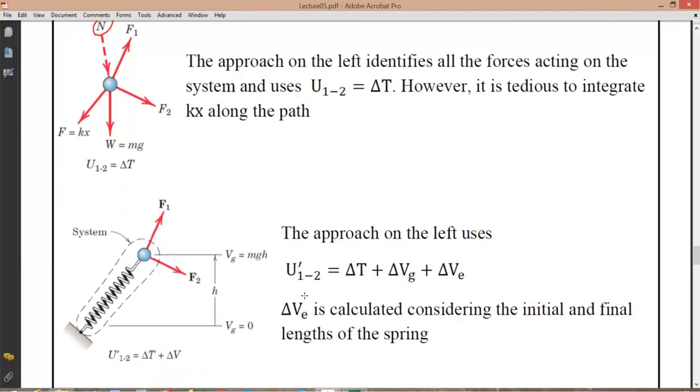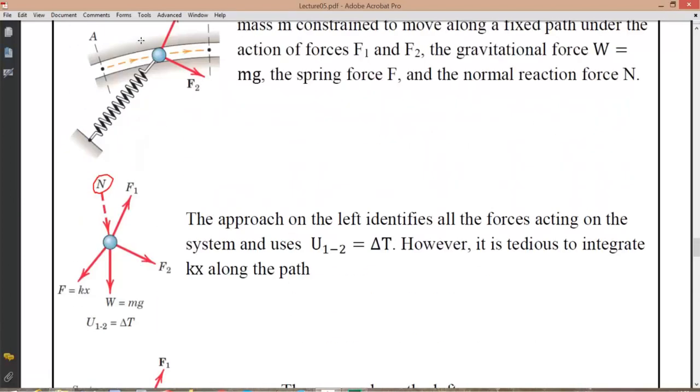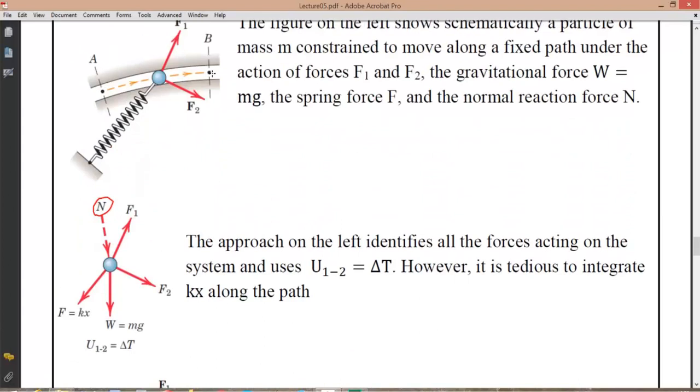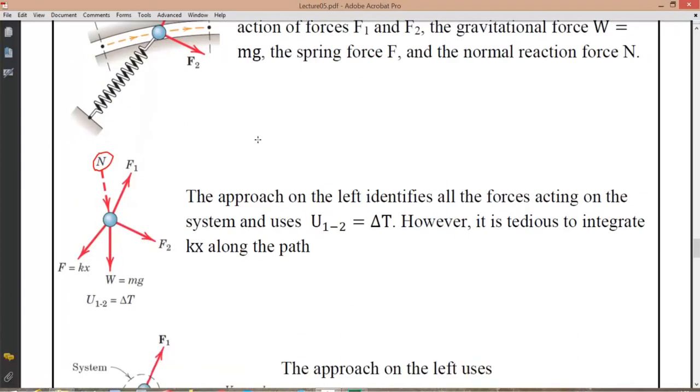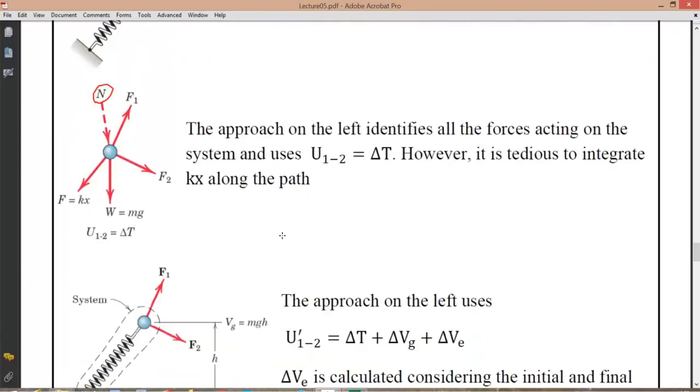So we can talk about the initial extension of the spring at condition A, and then the final extension at condition B. So I can write out XA, the initial extension, and XB. And then I can calculate the change in the potential energy due to the elasticity based on these two, right?